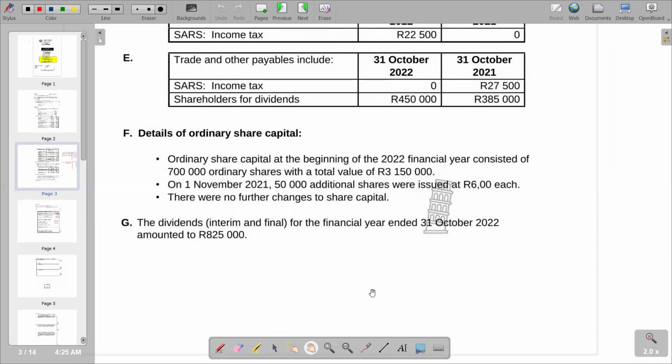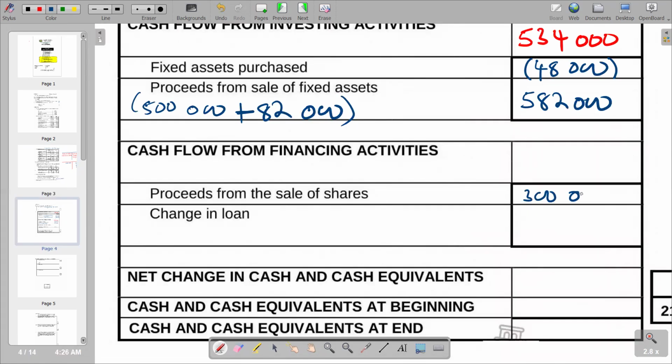So we are going to multiply: 50,000 by 6 rand, and you get 300,000. So basically, that's what we have. It's positive because these are proceeds that we are receiving.